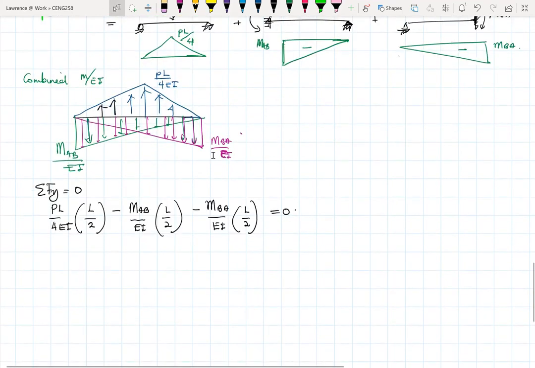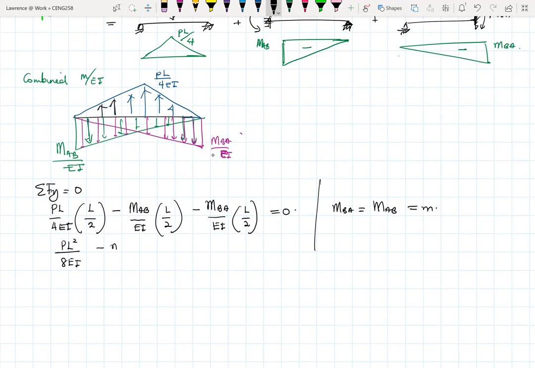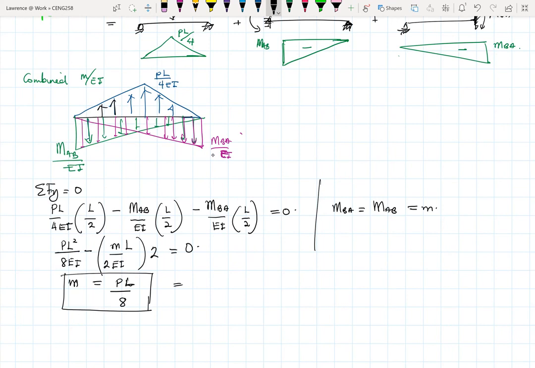So we can assume that, let's call each one of them M. Minus ML over 2EI times 2, because there are two of them. And our M will become, if you find M, the same as the fixed end moment.